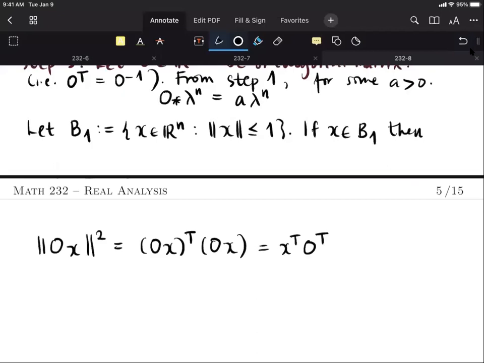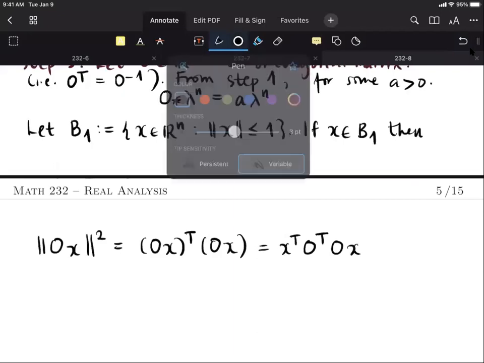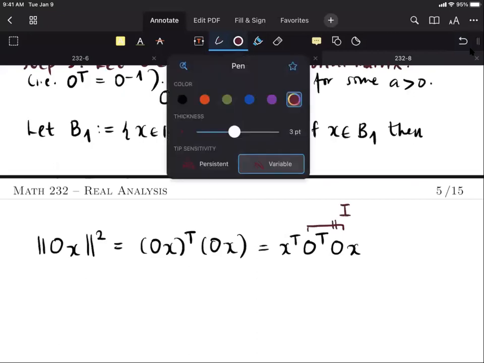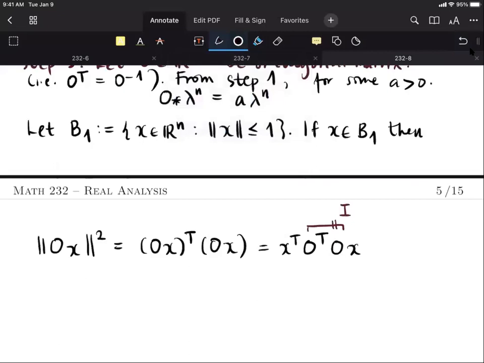So we have X transpose O transpose OX. Since O is orthogonal, this is equal to the identity matrix. Hence, we end up with X transpose X, which is nothing but the norm squared of X.